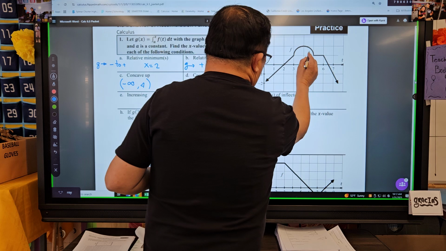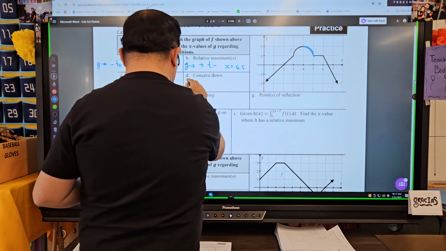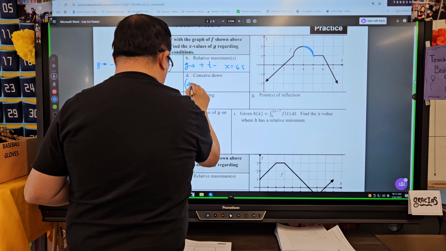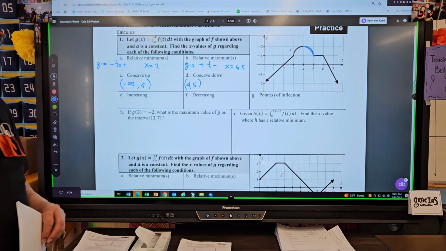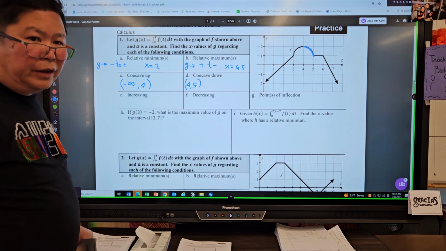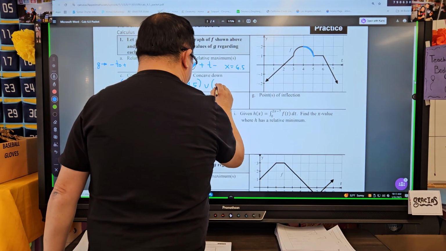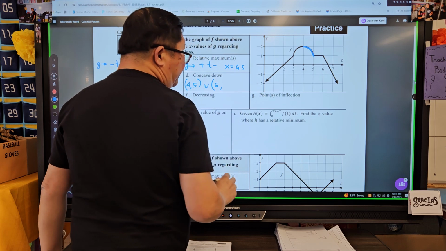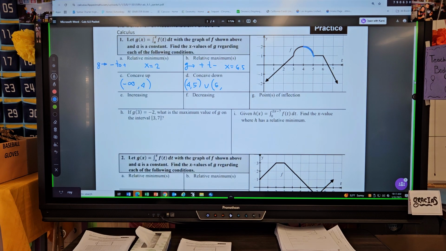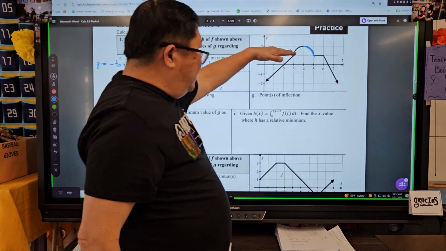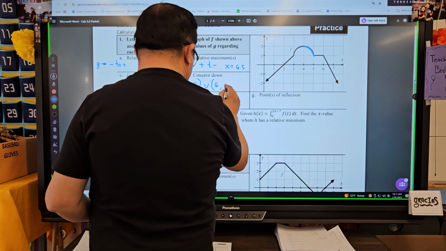So concavity down right here, interval 4 to 5. What else? 6 to infinity. So it's a union of 4 to 5 with 6 to positive infinity. It's going to be positive values of x as x goes to the right. So positive infinity.